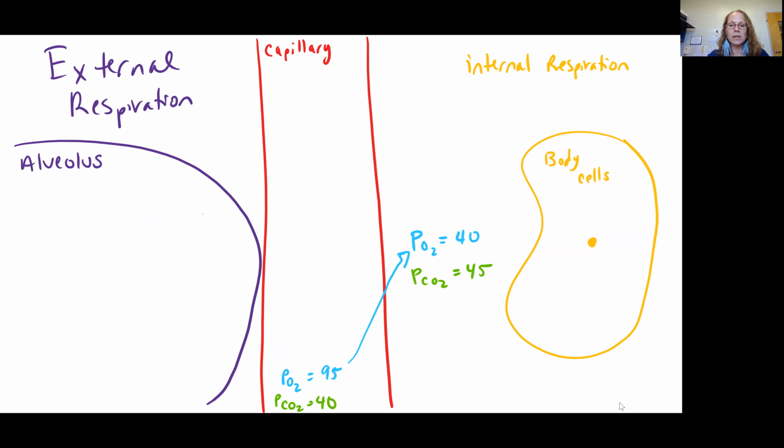So as we get into the systemic circuit, the partial pressure of oxygen has dropped a little bit to 95, but that's okay because the partial pressure of oxygen in the tissue is 40. Because oxygen is going from high to low partial pressure, it leaves the capillary and goes to the interstitial fluid. Then notice the partial pressure of CO2 is 45 in the interstitial fluid, so it goes from high to low, meaning it moves into the capillary.